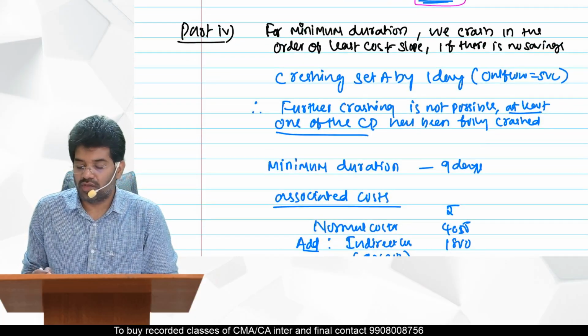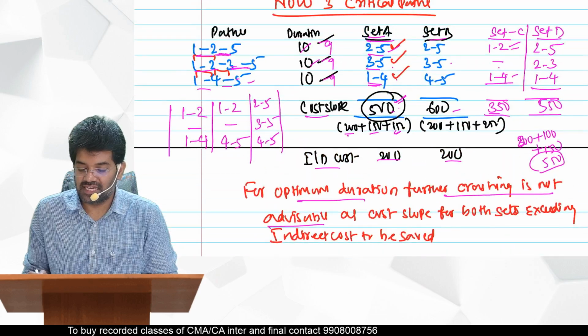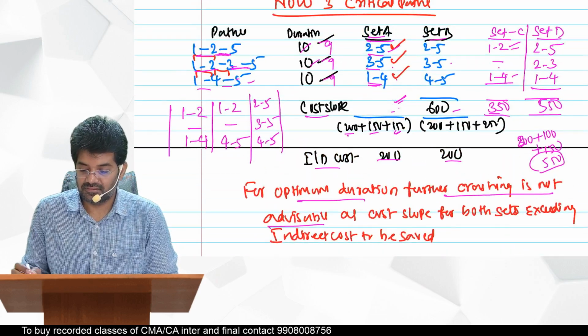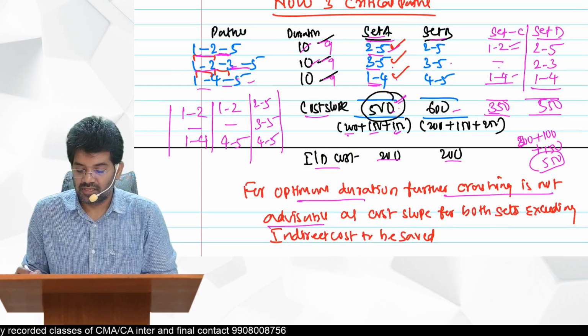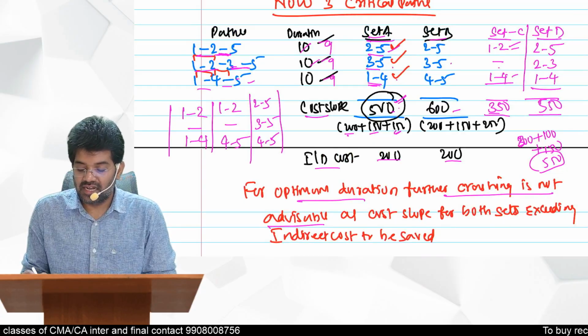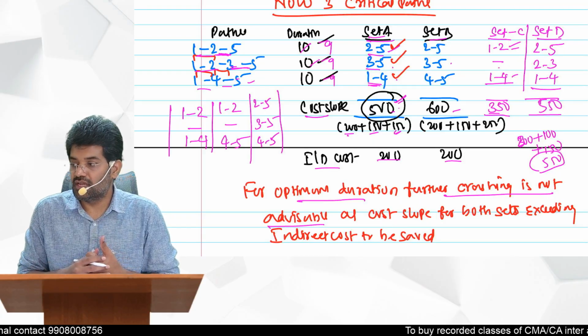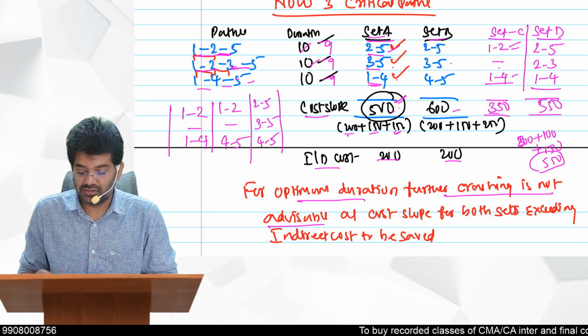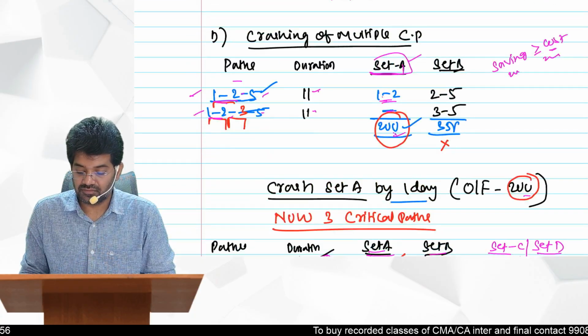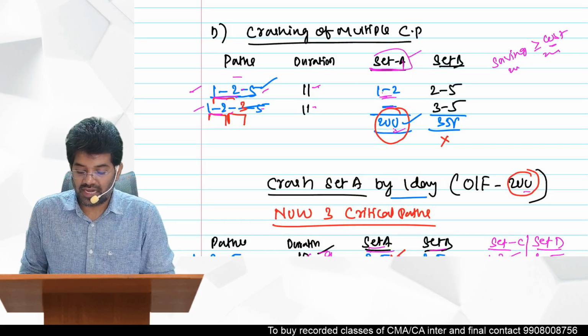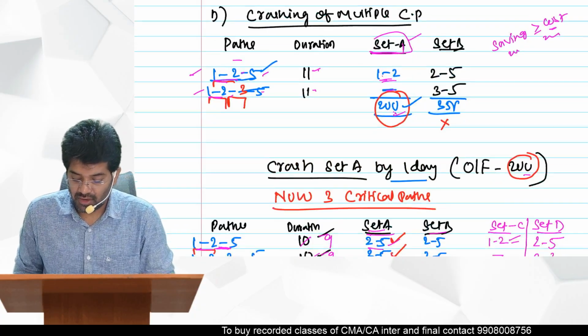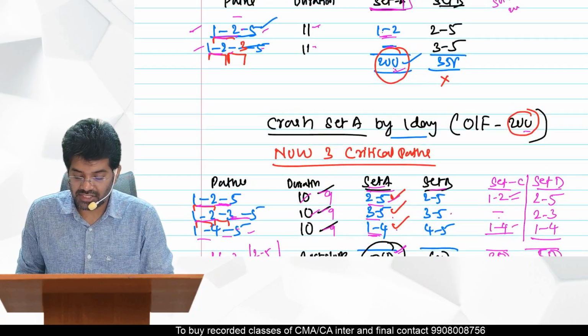So now what you can do is, we can use these sets. 500, 600 we have, 550, 350, 550 we have. Now don't forget, 1 to 2 we already crashed in the previous one. By how many days did we crash 1 to 2? 1 day we crashed.